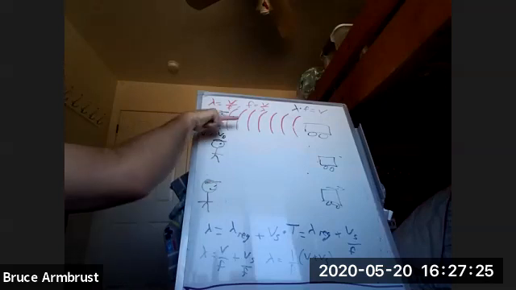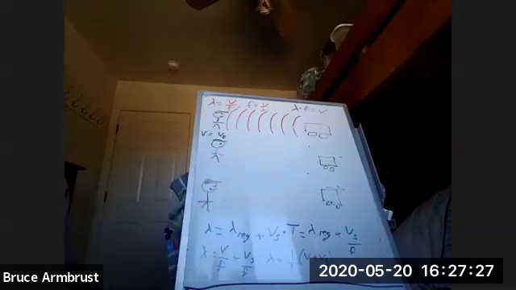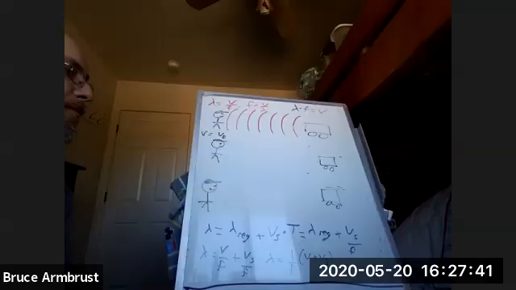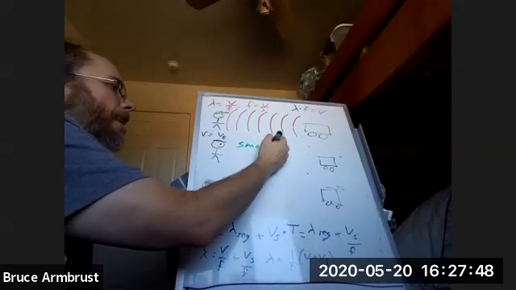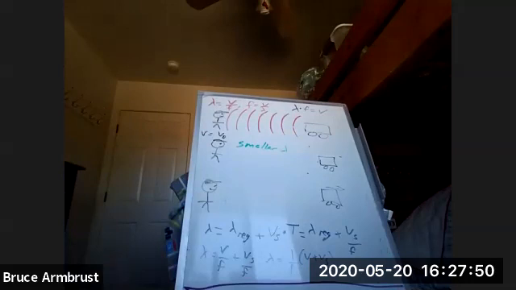By us walking towards it, we've decreased how long that takes. Yeah, you kind of buy that? Yes. So in this situation, it's going to appear to us that we have smaller lambda, because the wave fronts are hitting us sooner.